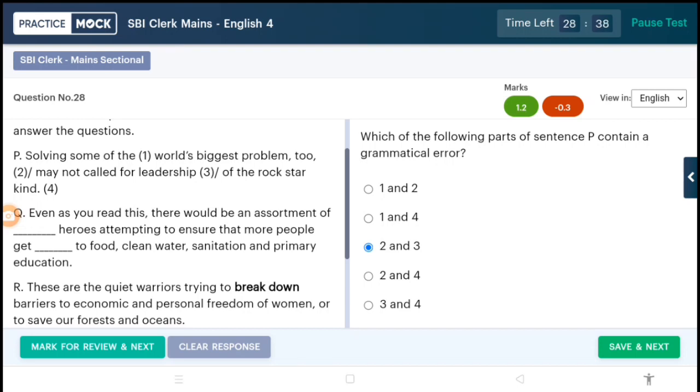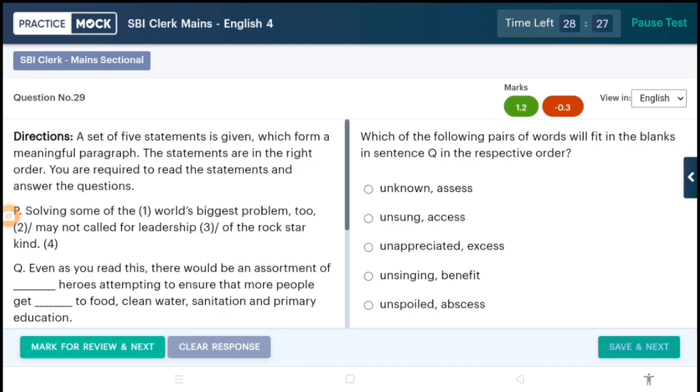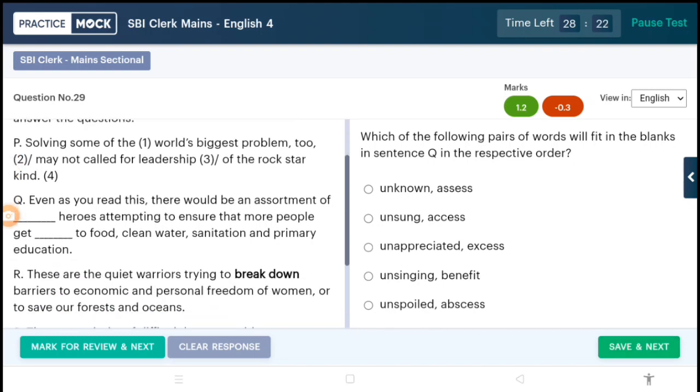Rockstar leadership of the rockstar cat. We not call for leadership. Solving some of the world's biggest problem. Next, Q. Even as you read this, there would be an assortment of dash heroes attempting to ensure more people get access to food.